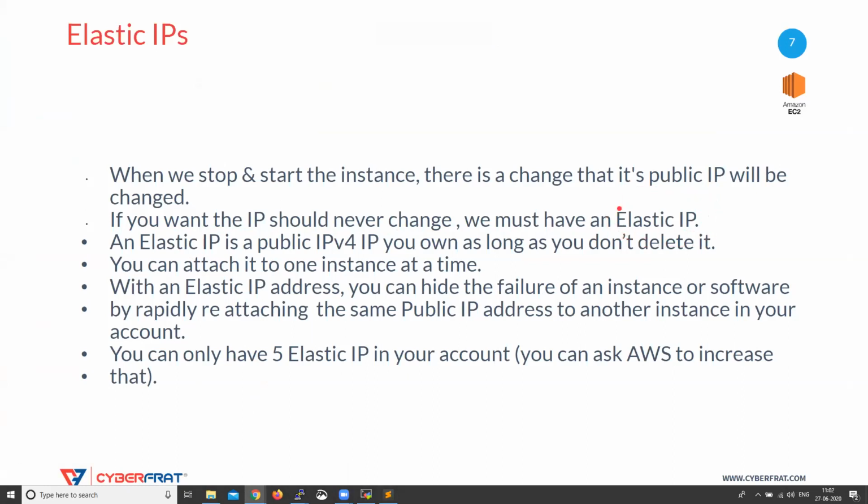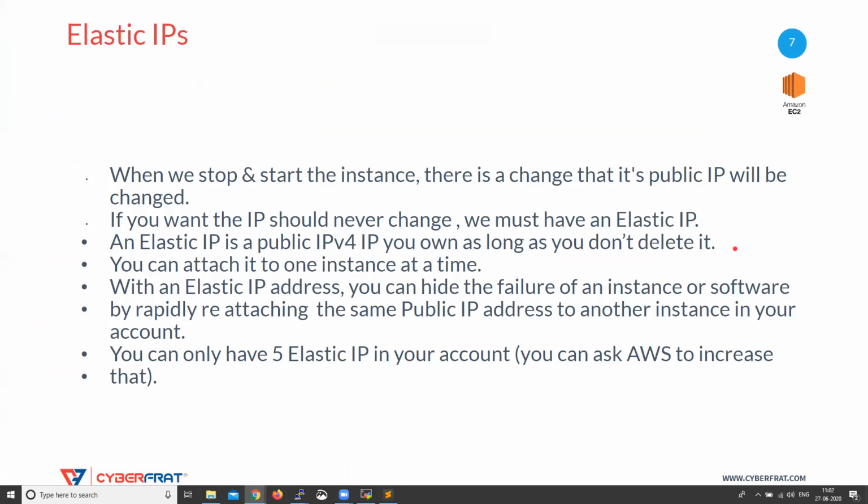Elastic IP is one of the services in EC2 where we get an IP from AWS and attach it to the instance. We will demonstrate that. An elastic IP is a public IPv4 IP you own as long as you don't delete it.